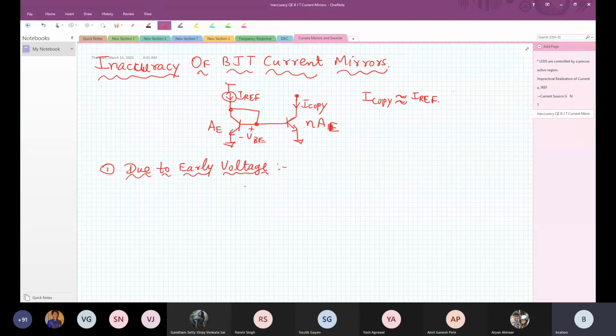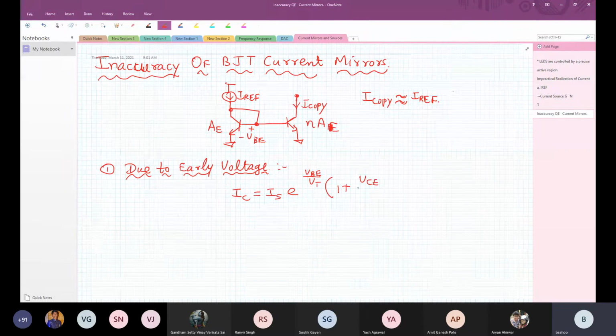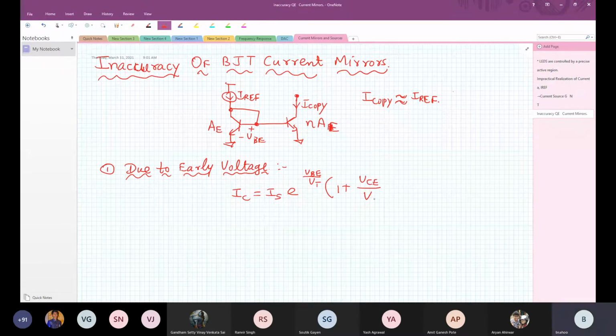So what is the current given by this one? It is IS e to the power of VBE by VT times 1 plus VCE by VA, where VA is the early voltage. So the bottom line is I copy equals N times IREF in this case, because I have put in N AE.